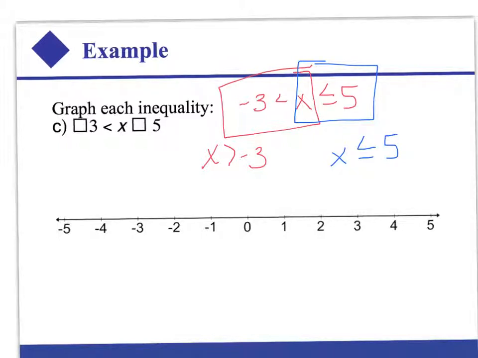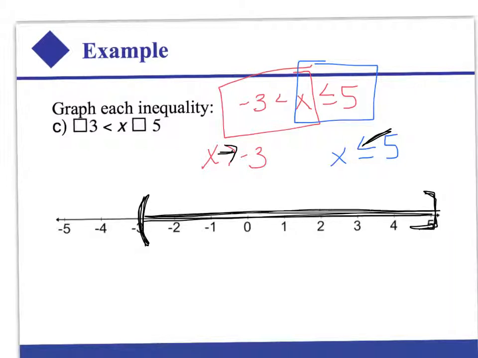So if we draw our arrow right here, and there's no equal to bar, that means we're going to have this shaded this way. Don't draw it all the way out yet, because we have two things going on. And then the other one is we're going to go this way. So I'm going to start at 5, and it has a bracket because it has the equal to bar. So it's everything in the middle, in between here, that makes that statement true.